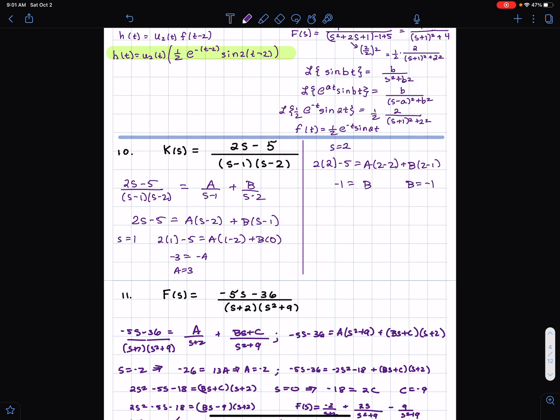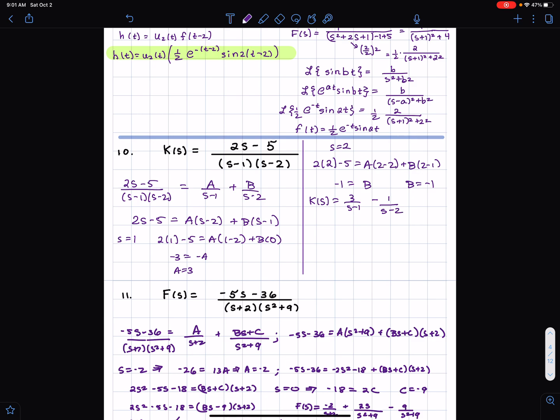So apparently k of s is equal to this expression here, a over s minus 1 plus b over s minus 2. But we found a and b, so it's going to be 3 over s minus 1 plus b over s minus 2, so it's minus 1 over s minus 2.